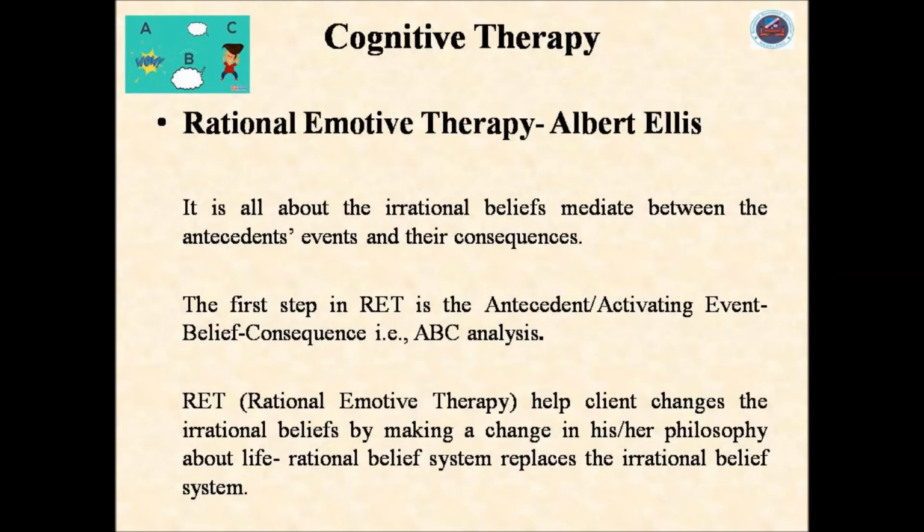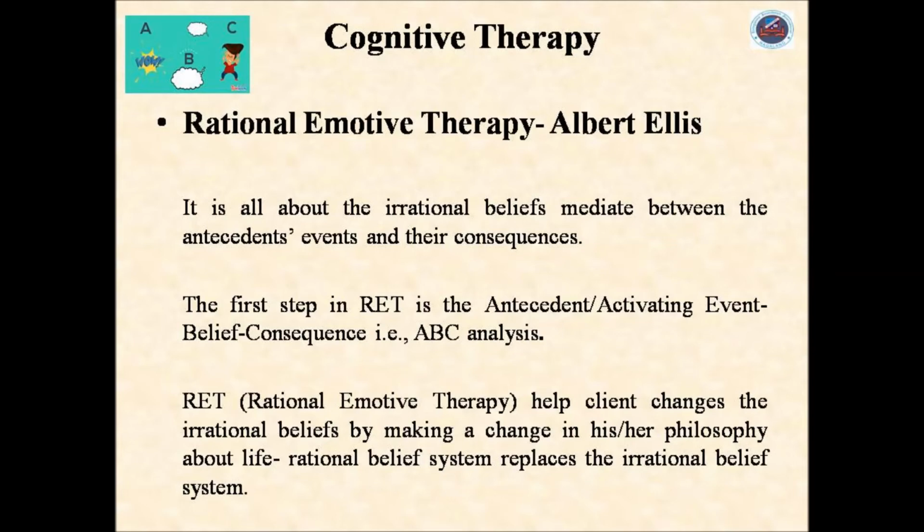This approach is based on the assumption that our cognitive thinking, our feelings and emotions, and our behavior are all very much interconnected. They interact significantly and therefore have a reciprocal cause and effect relationship.